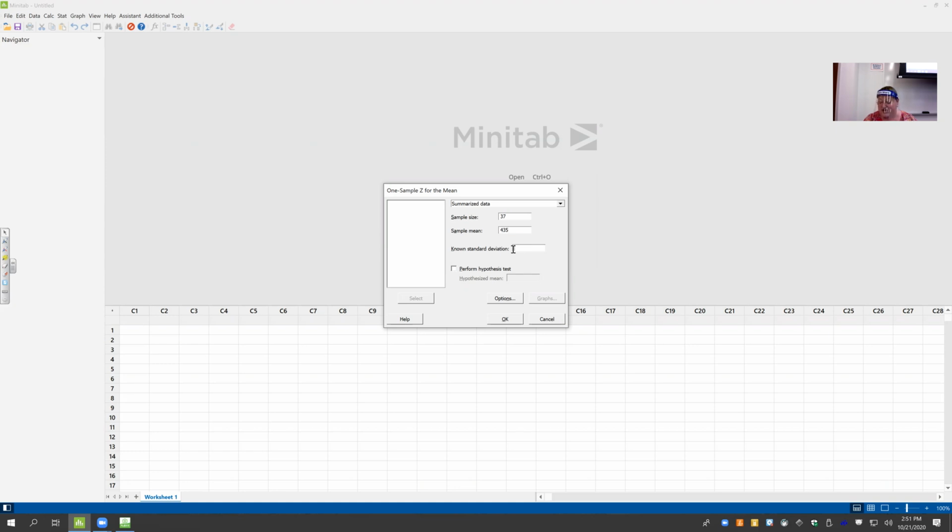The known standard deviation, which is the population standard deviation, is 14. Click the box that says perform hypothesis test. My hypothesized mean was 438. That's what we had in the hypothesis. Options: we had a 5% significance level, so we have a 95% confidence, and my alternative hypothesis was less than. And I click OK, OK.